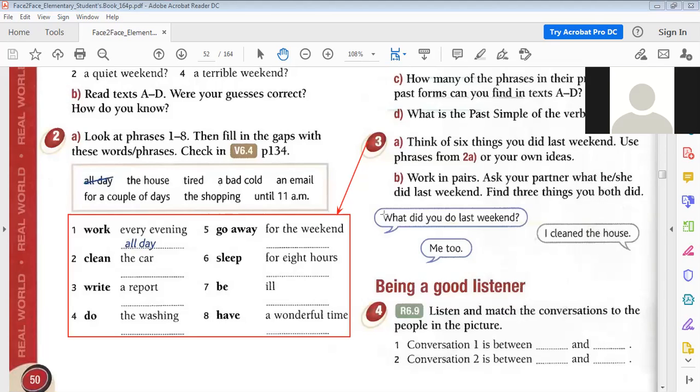I watched an action movie. Yes. I cooked. Delicious, not lazy. Correct. Okay. I cooked delicious food. That's good.